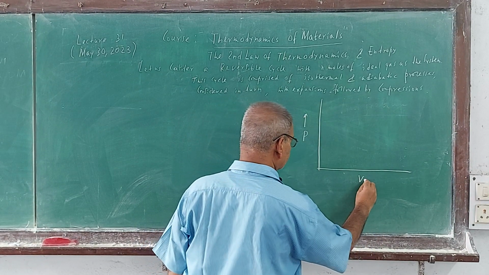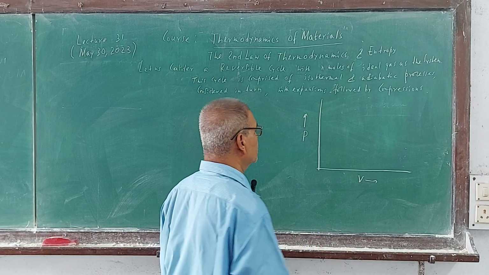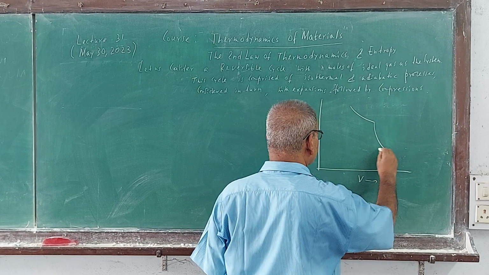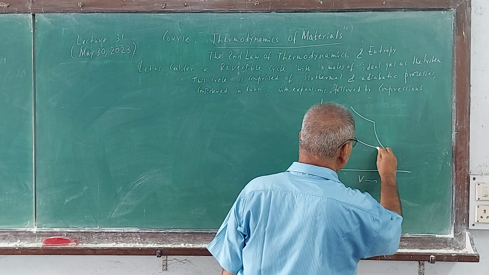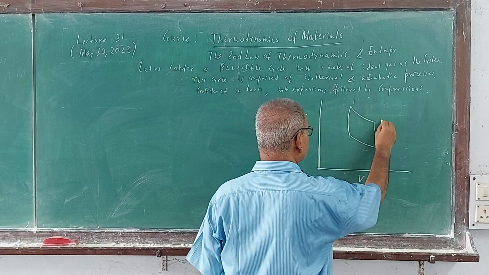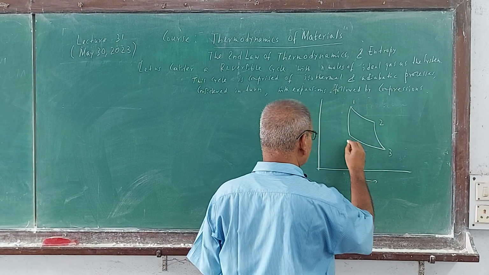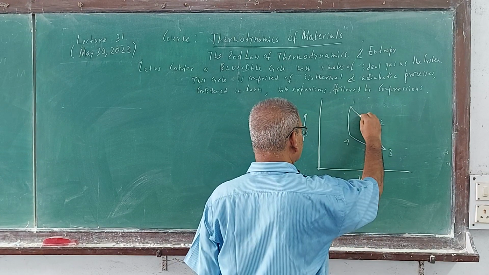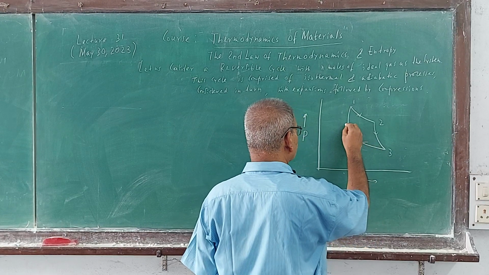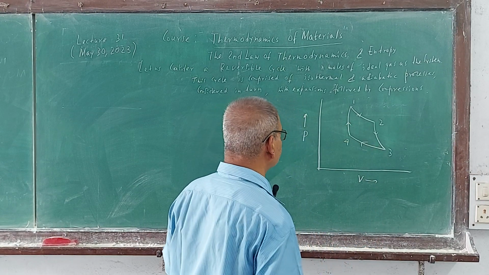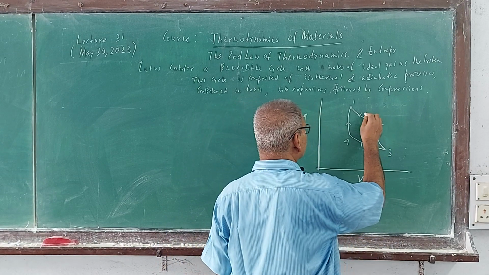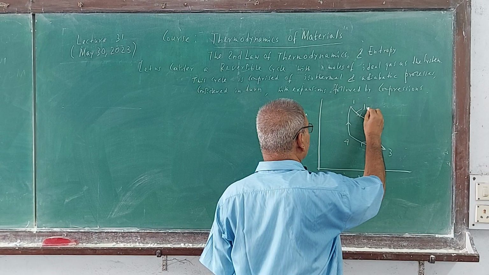Now the PV diagram. Happy? So we consider this cycle: isothermal, adiabatic, so 1, 2, 3, 4. This is the cycle. So this is isothermal, this is adiabatic. This is isothermal.